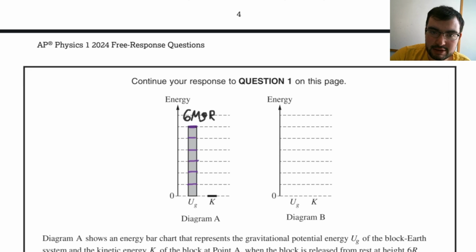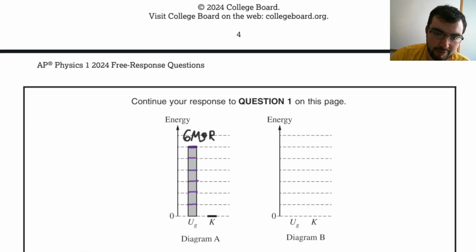So that means that instead of 6 mgr's worth of potential energy, we're only at 2 mgr's worth of potential energy. So instead of going up to 6, we got to go up to 2. We don't need to necessarily label these, but it just has to be qualitatively accurate. I imagine we are going to have to do some math with this, so maybe it's helpful for us that this is 2 mgr.